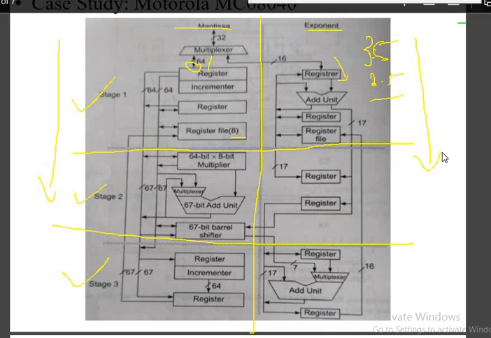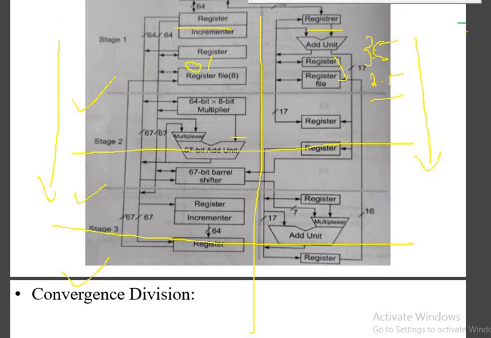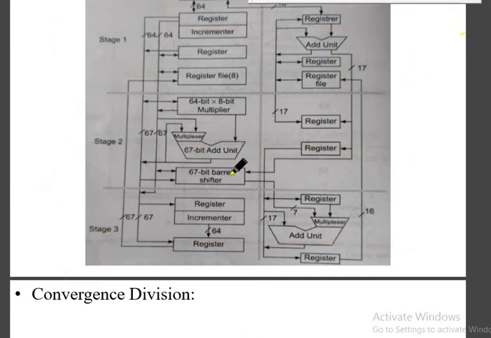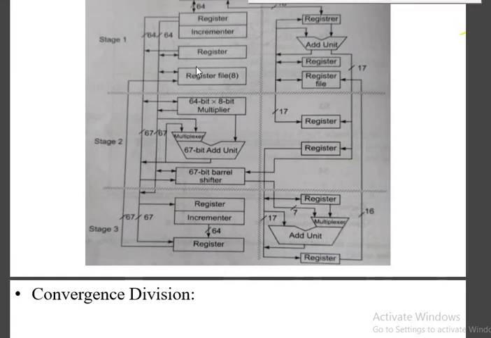That means in this Motorola floating point operation, a similar set of operations continues at different stages. From one stage to another, the precision of the answer keeps increasing. The first stage collects input values and gives the computational results.